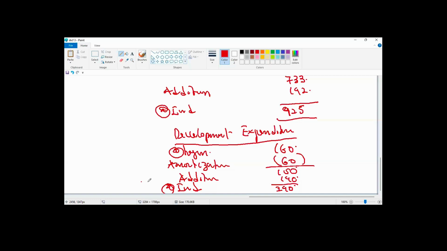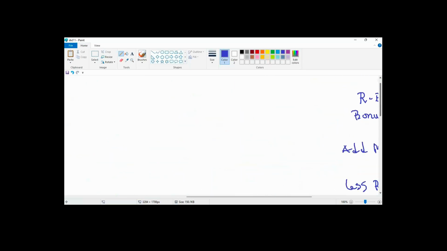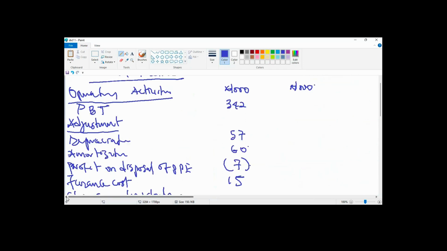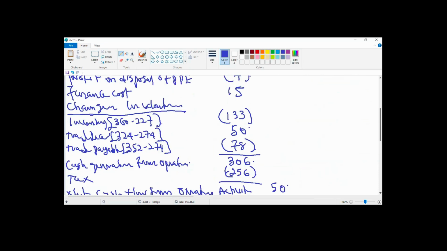Look at me here. The question asked for indirect. I said, okay, let us do the opposite. This is what the requirement will have been using indirect. But I said, let us use direct method.